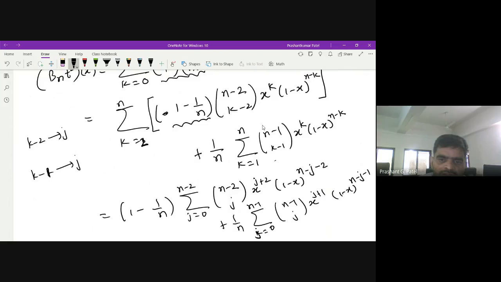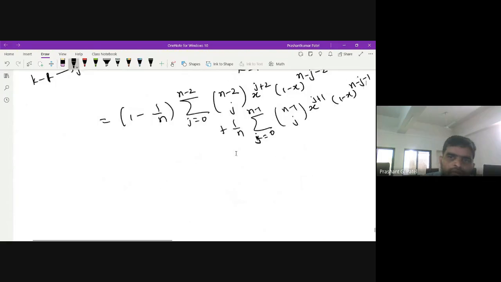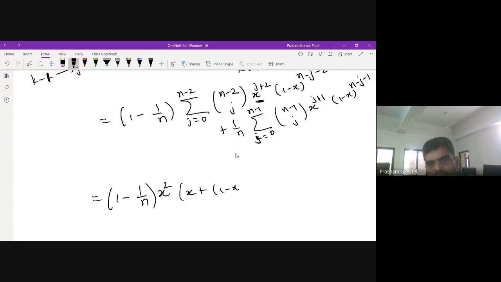Now as per this, from the first summation x square is common out. So it is 1 minus 1 by n, x square into the rest of the quantity, which is exactly x plus 1 minus x power n minus 2, which we already discussed earlier why this will come.